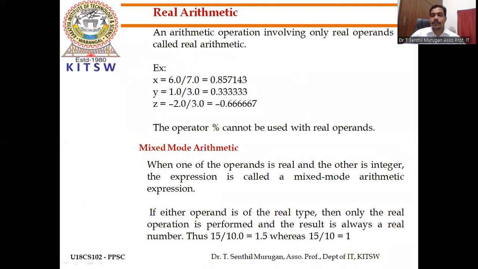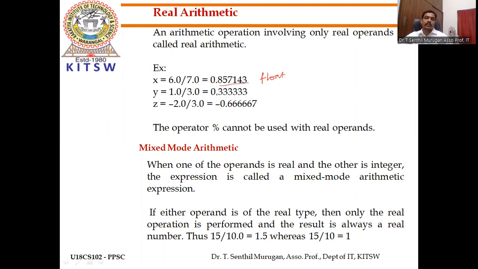Next one is real arithmetic. Integer arithmetic is seen. This is real arithmetic. Real means floating values, so we are using float values. For example, x equal to 6 by 7, that is 6.0 by 7.0. The answer may be 0.857143, it will print 6 precision digits.